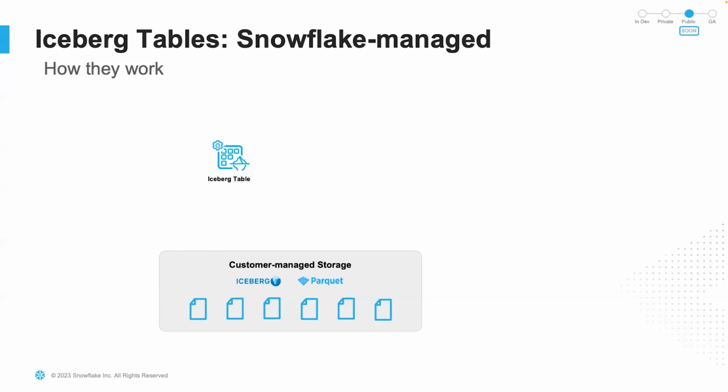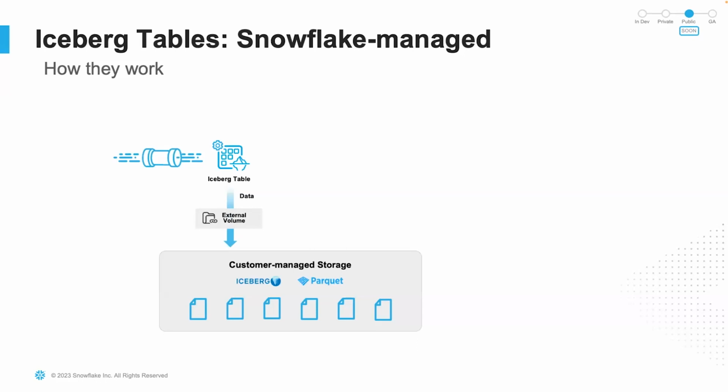Let's take a quick look at how these catalog options are different. For Snowflake managed Iceberg tables, a quick walkthrough on how those work. You're going to create an Iceberg table inside of Snowflake using a create Iceberg table DDL syntax. You can then ingest data into a Snowflake warehouse.